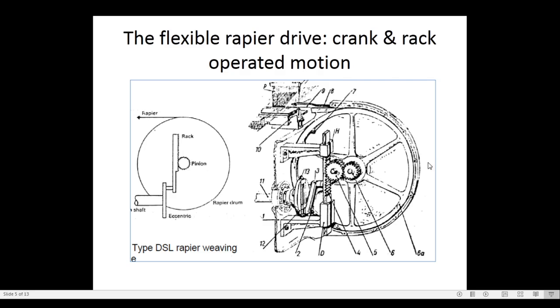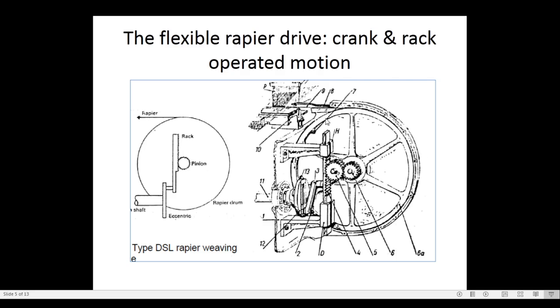So this is the right hand side drive. The same drive will be present on the left hand side. Two drives are there, left hand drive and right hand drive. So this is the driving mechanism. Drive comes from the main shaft. Then this eccentric will move one time clockwise and one time anti-clockwise, and the rack will move one time upward and one time downward, and then this pinion will move one time clockwise and anti-clockwise.